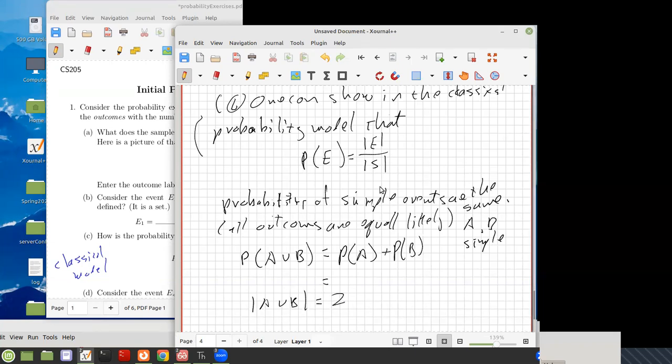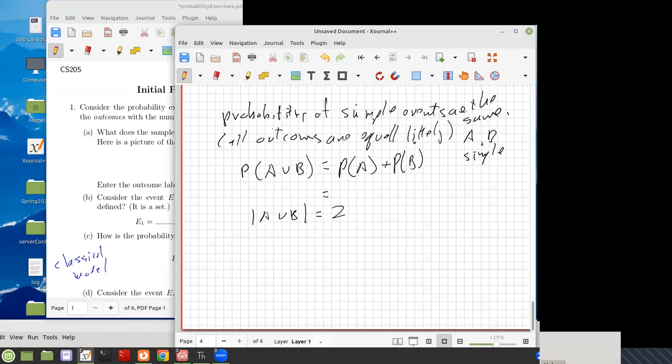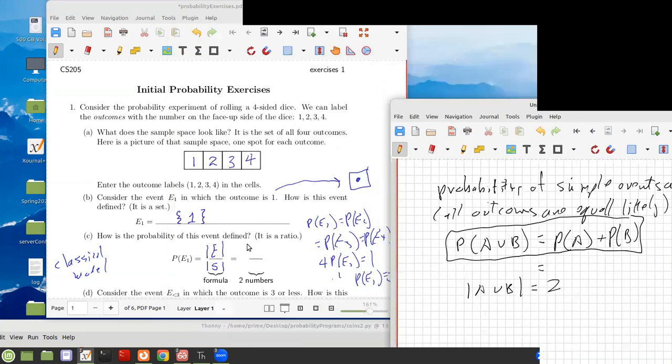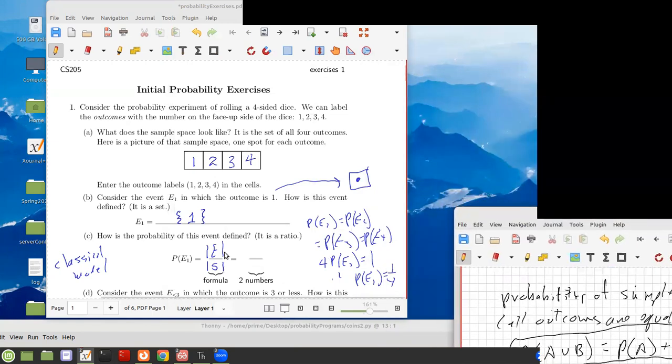So in general, we need the probability of the union of two non-intersecting events to add up. And when you do that, you get this formula. So this tells you that this formula corresponds to the classical model.